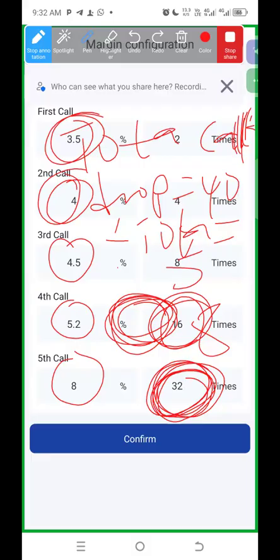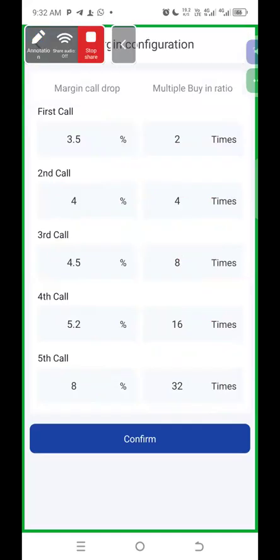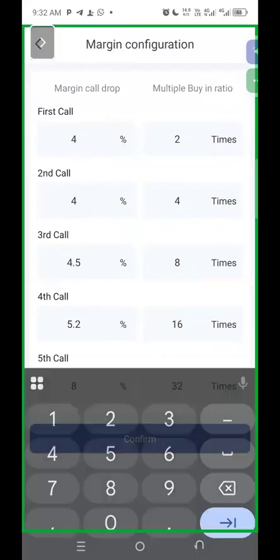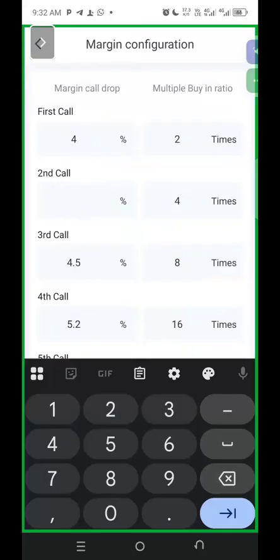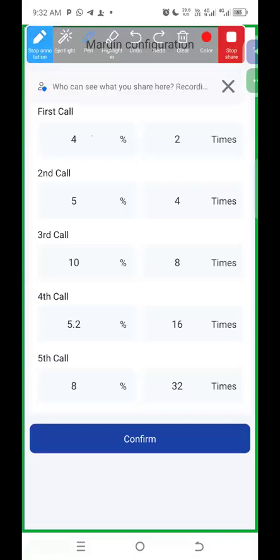So in that case, if I intend that, okay, this place I'm going to make 4. I'm going to make this place 5. Then the next part, let's say 10. Now, let's look at something. 10 plus 5 plus 4 is 19.